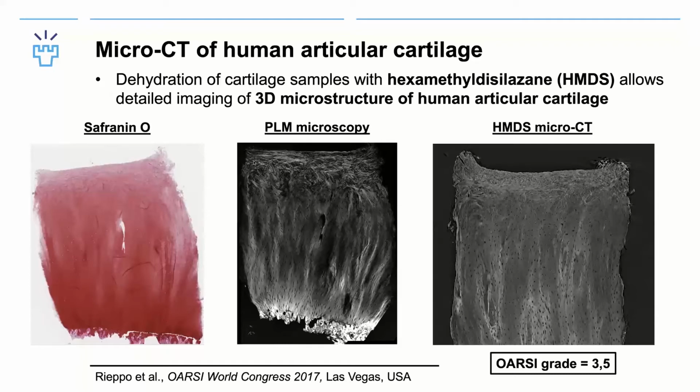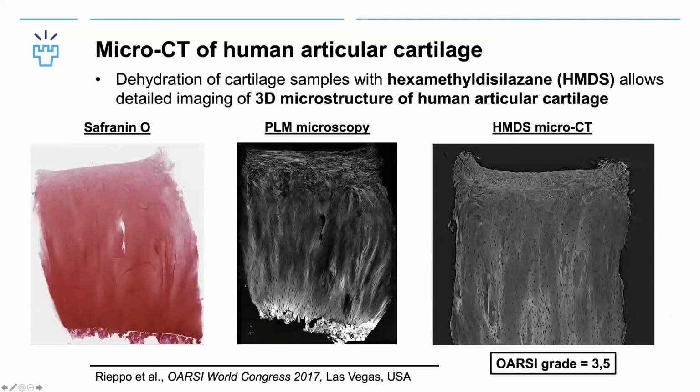Then when you image that with micro-CT, contrast comes between air and the solid matrix, and that is able to give you fairly good contrast. Of course, you need to fix the tissue because otherwise it might collapse. But this is a nice way to get contrast in micro-CT for soft tissues without adding any other chemicals. Basically, it's a natural contrast, just without water, the liquid phase.